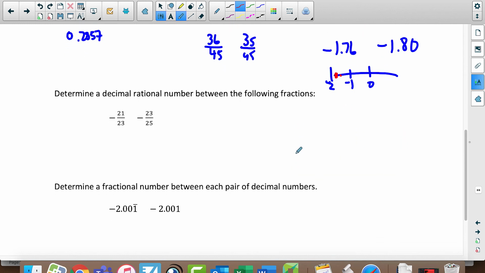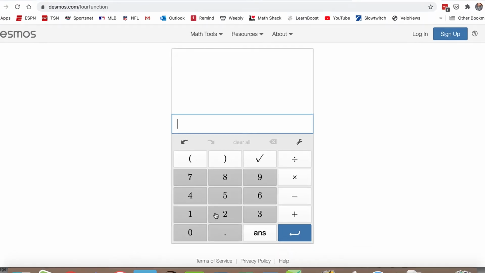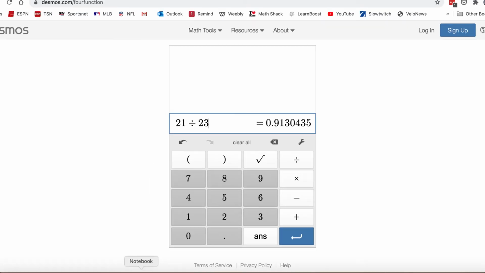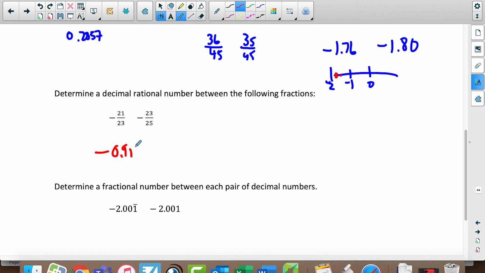Okay, find a decimal rational number that falls between these two fractions. So what I think you should do, would make probably the most sense, turn them both into decimals. So negative 21 over 23, that's 21 divided by 23. Let's do it to 4 decimal places. 0.9130.